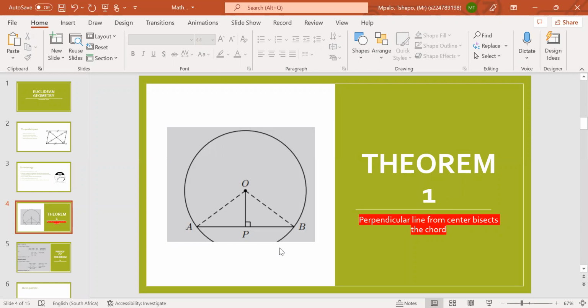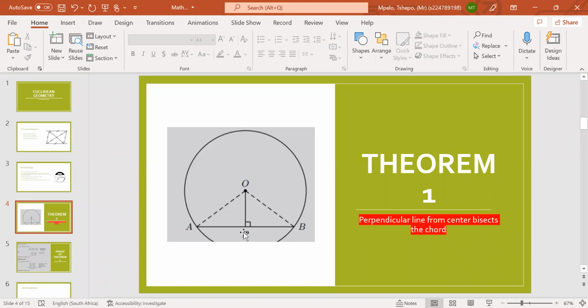Can I read what it is to bisect? It is to cut into equal halves. Meaning this theorem suggests that a line from the center, perpendicular to the chord, we expect AP to be equal to BP.